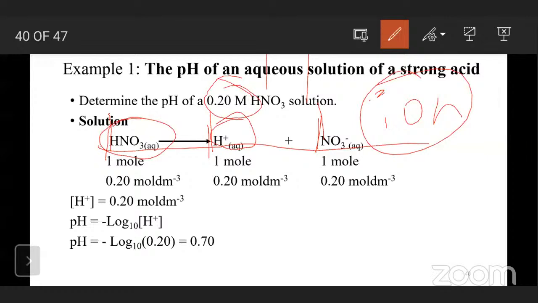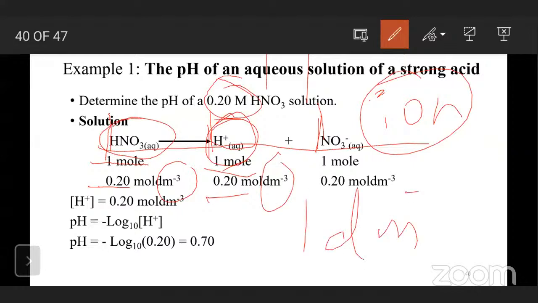So if 1 mole of HNO3 gives 1 mole of hydrogen ions, that suggests to us that 0.20 mole in 1 dm cube of solution, that's 1 liter solution, will also release 0.20 mole of hydrogen ions. 1 dm cube is the same thing as 1 liter.